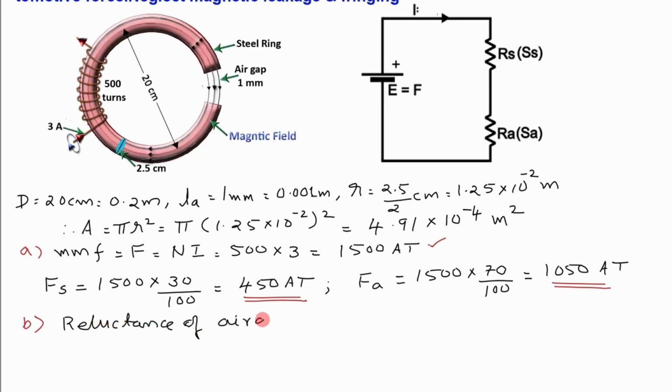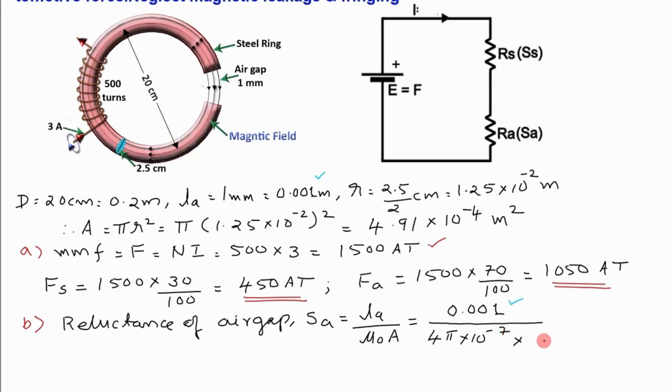Reluctance of air gap SA is equal to LA divided by mu 0 into A, which is equal to length of air gap 0.001 divided by 4 pi into 10 raised to minus 7 into area of cross section 4.91 into 10 raised to minus 4, which gives 1.62 into 10 raised to 6 ampere turns per Weber.